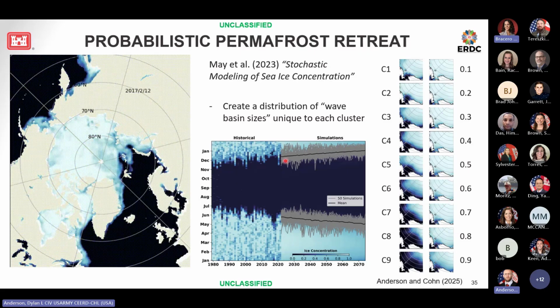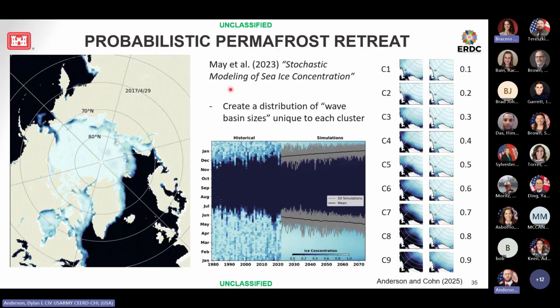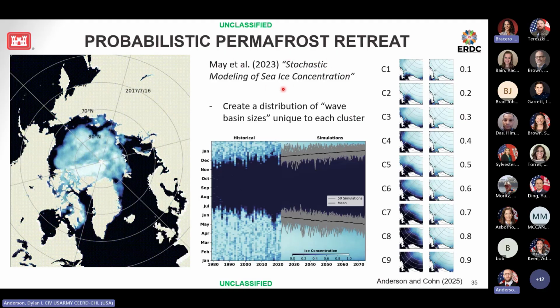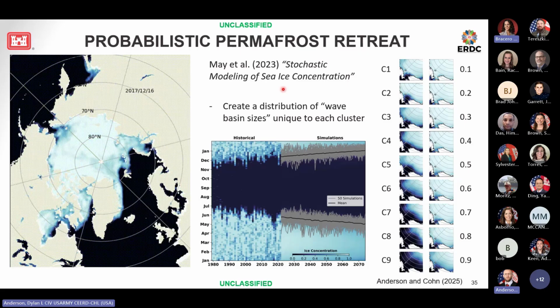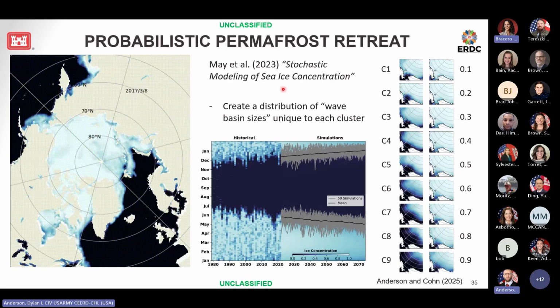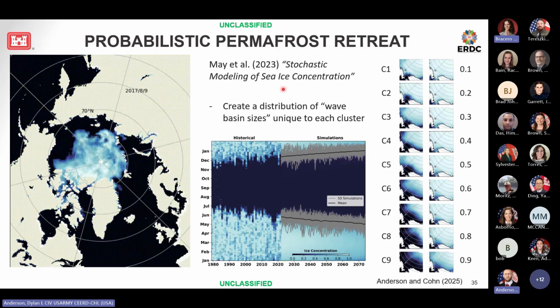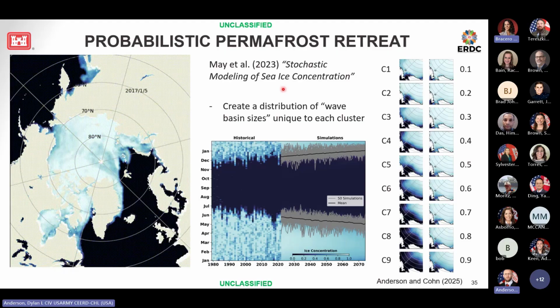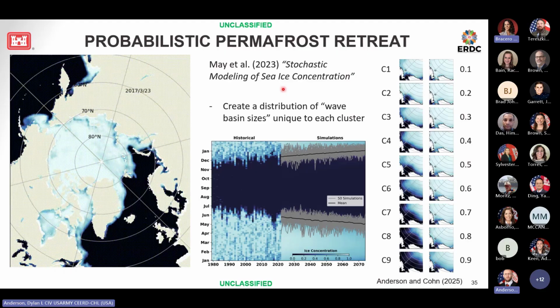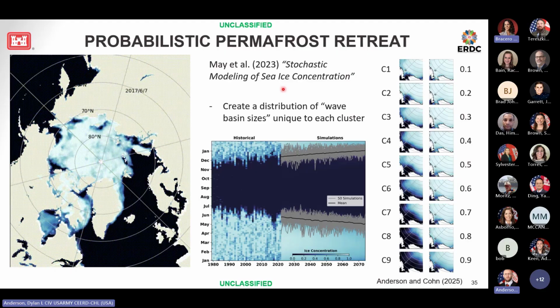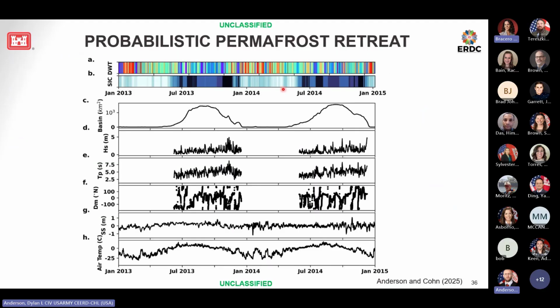So we did an approach here where we borrowed from another methodology that was recently published in 2023, and we added sea ice. And then on top of adding sea ice, we formed a statistical relationship between the maximum wave height that could be created associated with the fetch, or the area of the wave basin, that was occurring at that particular time.